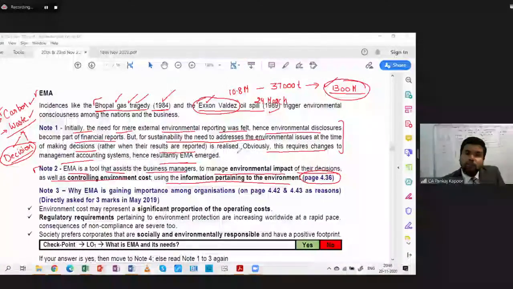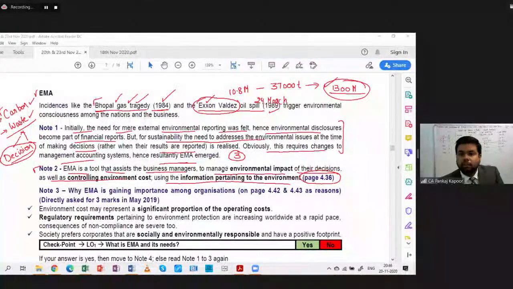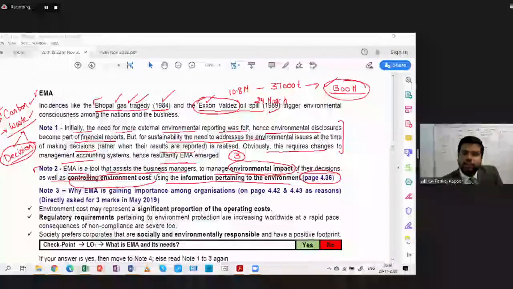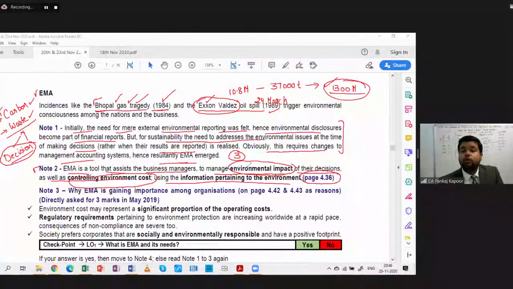So there are three elements involved in the EMA. Number one, we wish to control the environment impact of our decisions so that we can control the environment related cost. We try to apply such kind of processes so that the lowest waste is generated.